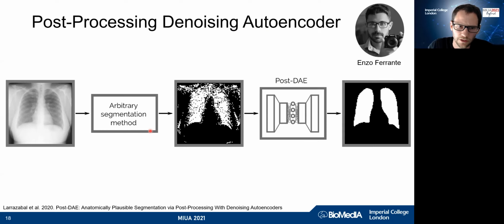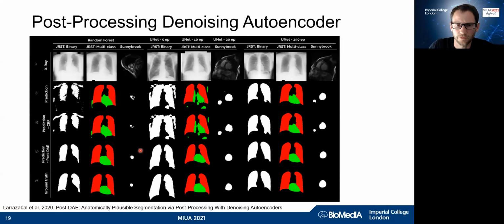So if you have a segmentation method that produces a segmentation prediction, but that one might be noisy, you can use post-DAEs to clean up that prediction. These post-DAEs have also been trained on cleaning up, restoring from noisy predictions to get something anatomically plausible. So you can use them as a post-processing, as an add-on to any segmentation method that you have.